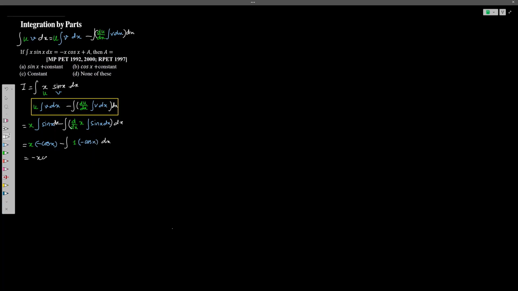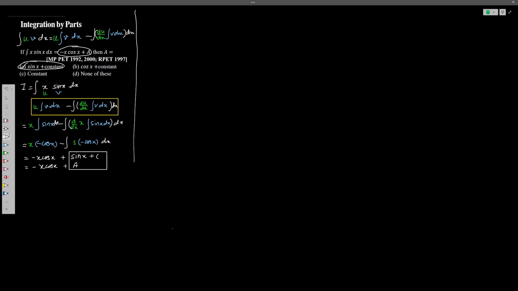So here we'll get minus x cos x, minus minus becomes plus, integration of cos x dx, which is sin x plus c. Now compare with the given right hand side, which is minus x cos x plus a. So we will get a as sin x plus c, which is given in option A. Ta-da! Easy peasy. Any problem in this?